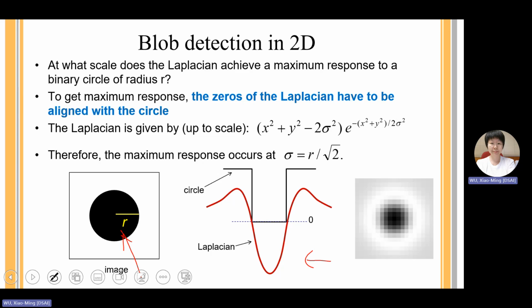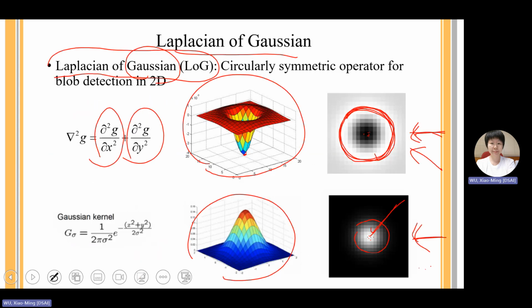This LOG function, well, this is just a slice of this LOG function. This function will achieve maximum response when the zeros of the Laplacian, what are the zeros of this Laplacian? I guess it should be here. This is the zero of the Laplacian.